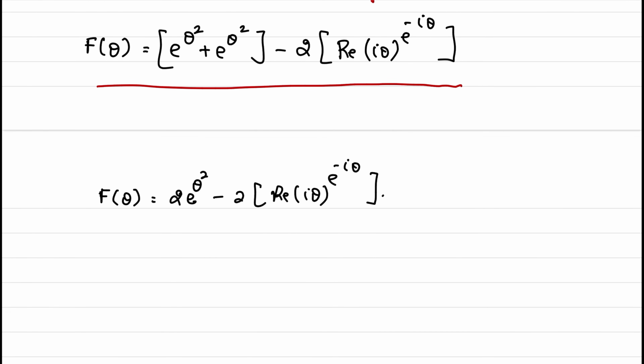In this, 2 into e to the power of theta square is a regular equation which can be solved with two values of theta, whereas the main problem of solving this equation lies here. How to find out the real value of (i theta) to the power of e to the power of minus i theta. That is the crux of the problem, that is the heart of the problem, that is the toughest part of the problem.